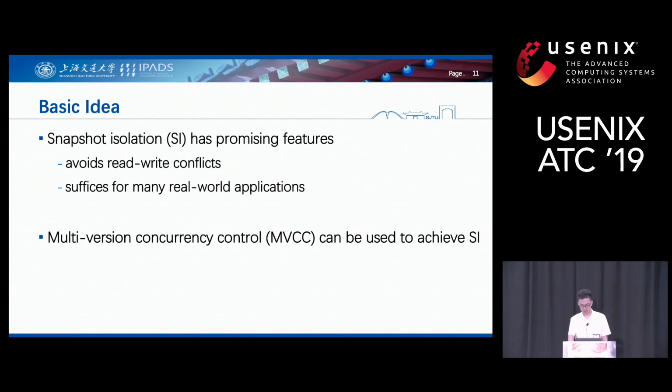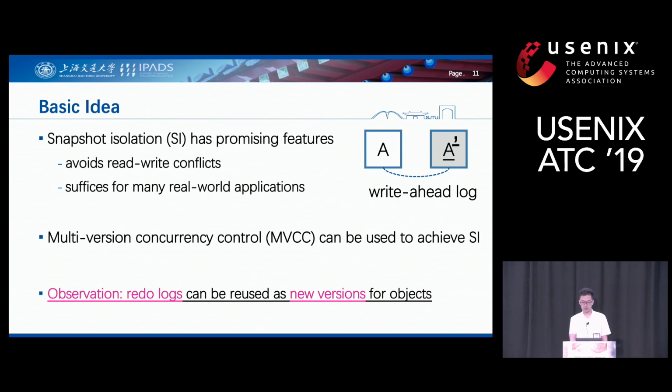Usually, multi-version concurrency control is a common choice to achieve SI. We observe that the redo logs, which will finally be applied to the durable data, can be reused as the new data versions, which enables us to efficiently introduce MVCC to PTM.